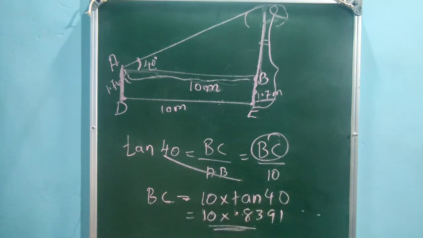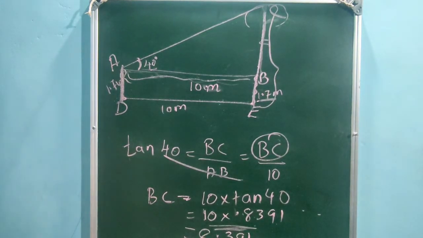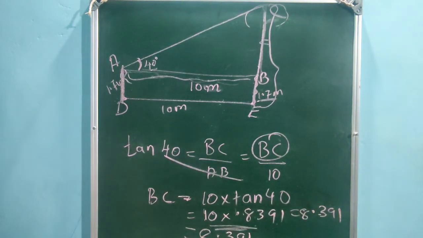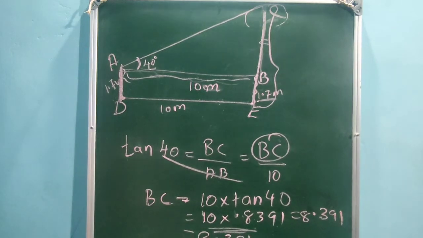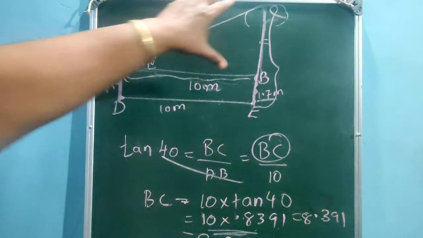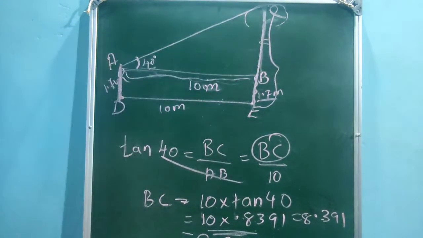Then we have 8.391. So BC is equal to 8.391.